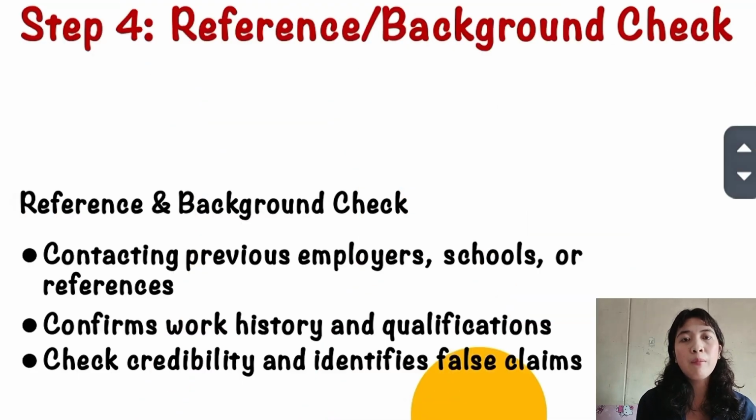Next is step number 4, which is the reference or the background check. In this step, the company contacts your previous employers, schools, or references to confirm your claims. For instance, if you say you worked at Jollibee as a service crew, HR may call Jollibee to check if that is true.